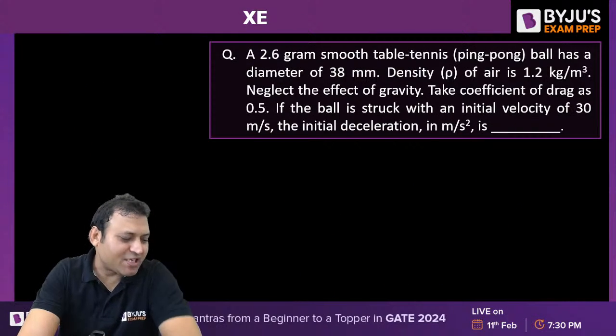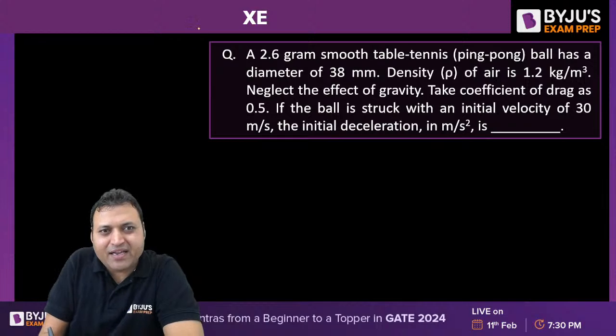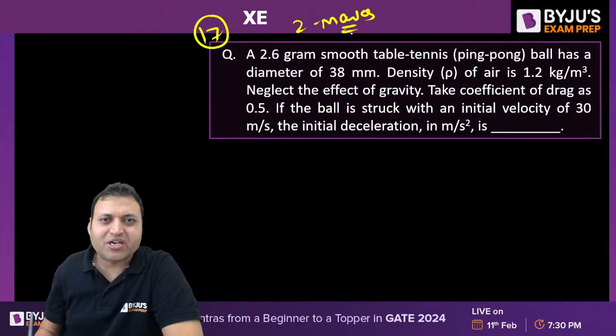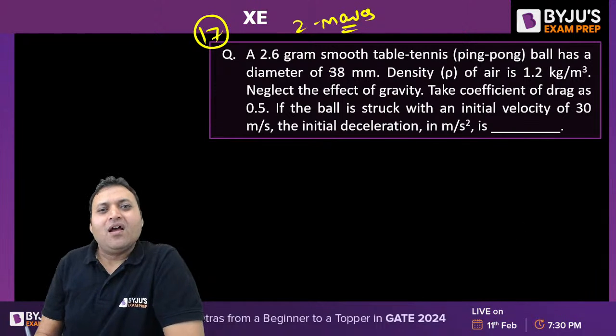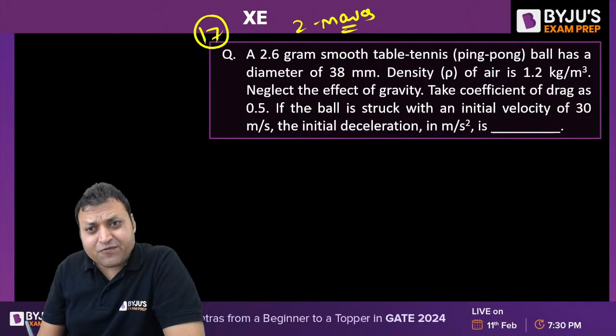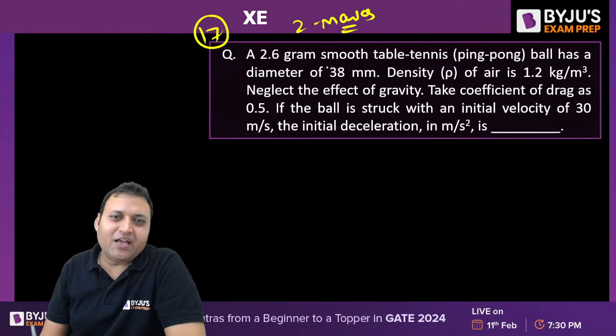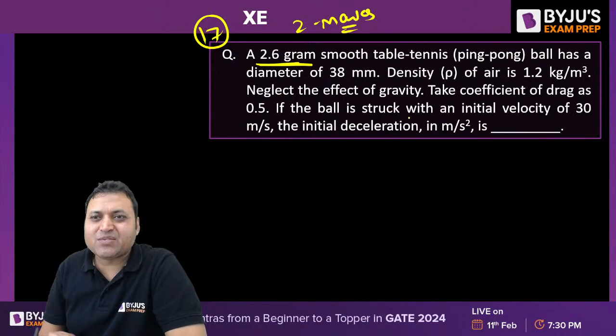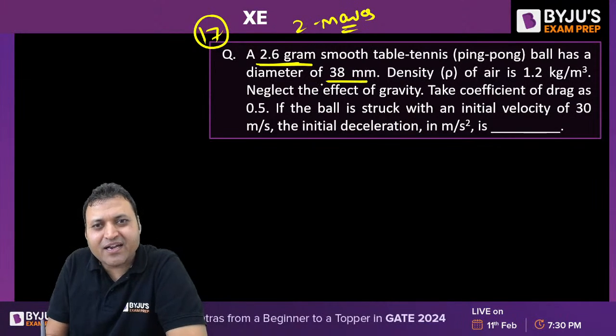Let us move to the next one. Question number 17, again carrying 2 marks. The question is from drag and lift. A 2.6 gram smooth table tennis ball has a diameter of 38 millimeter.